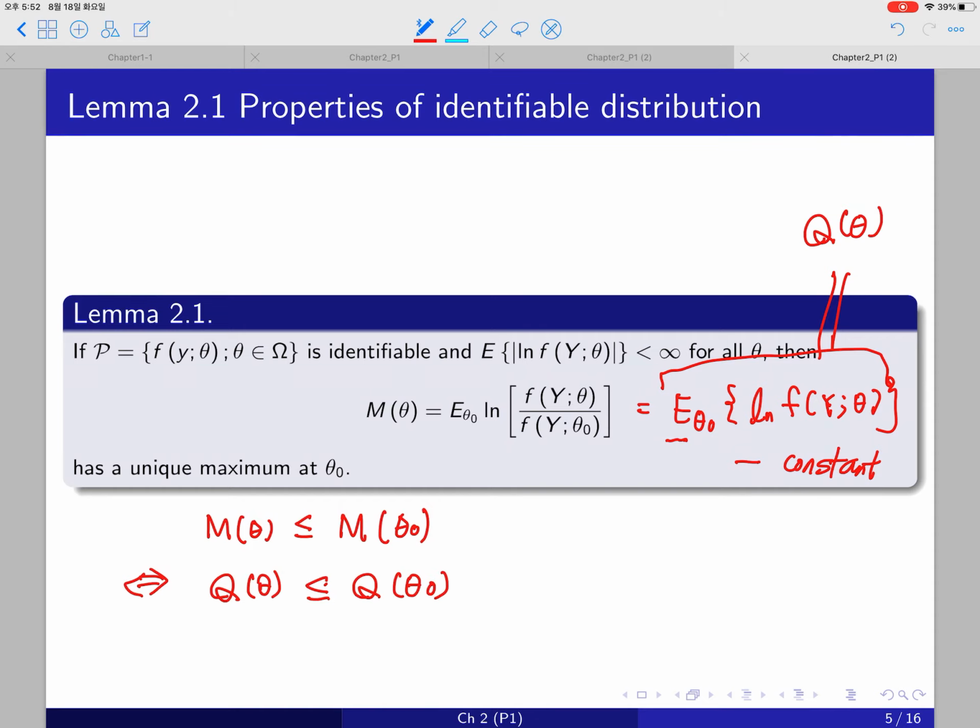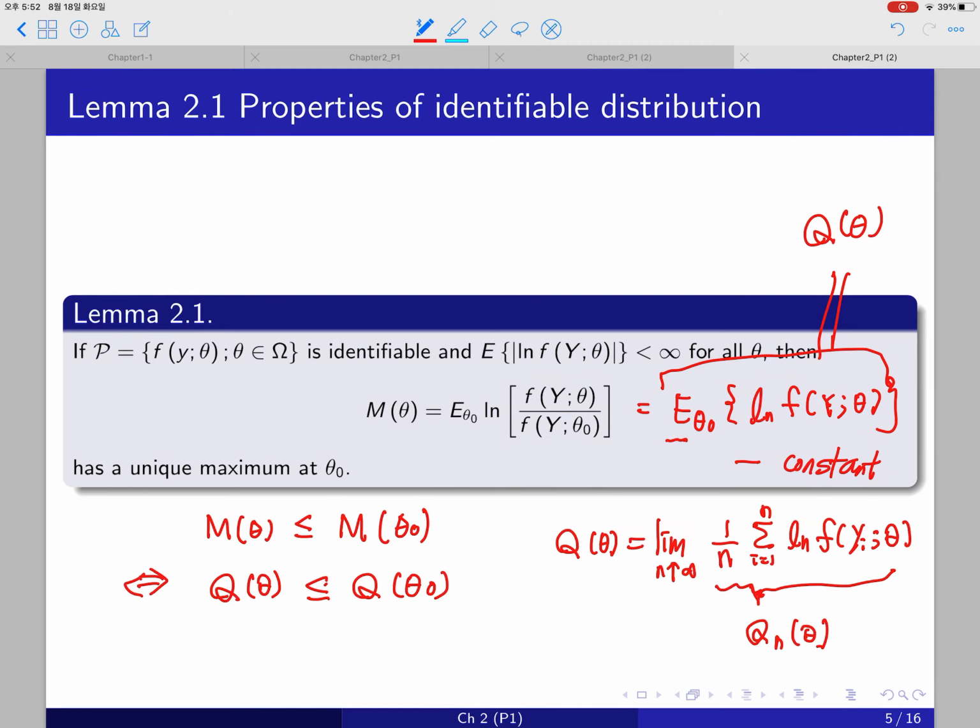This is useful because what is Q(theta)? Q(theta) is the limit of Q_n(theta). And the maximizer of Q_n(theta) is the MLE, theta hat.